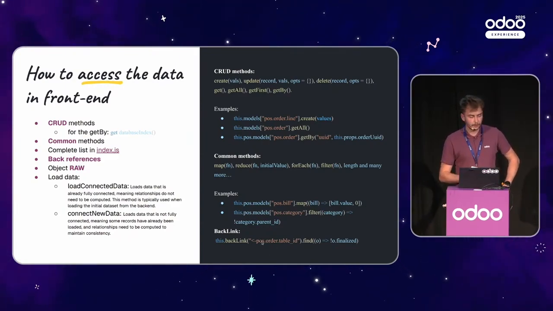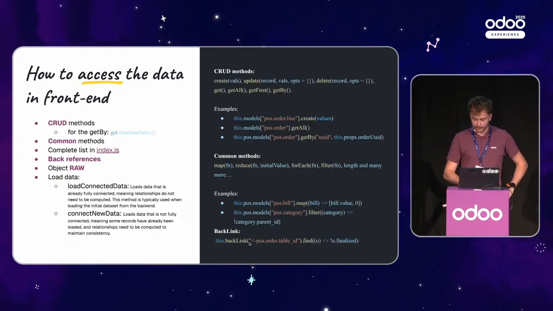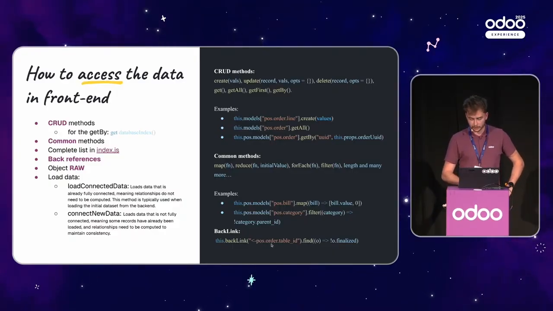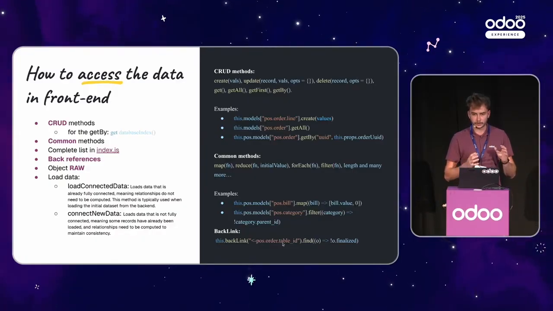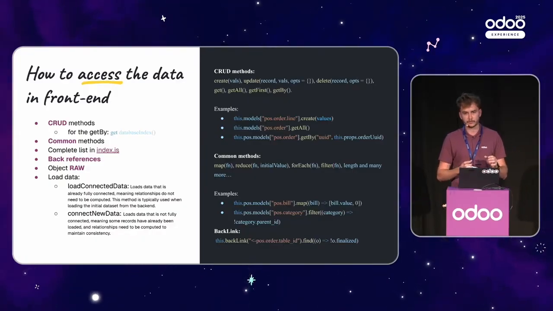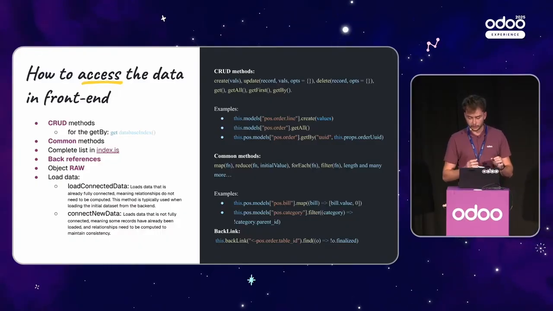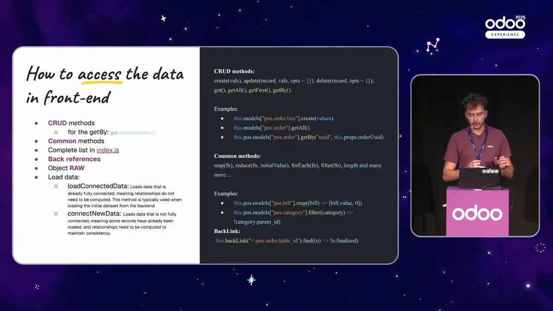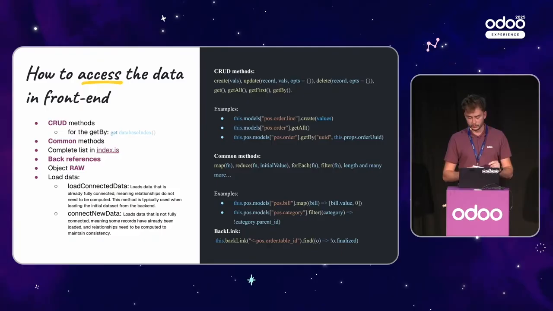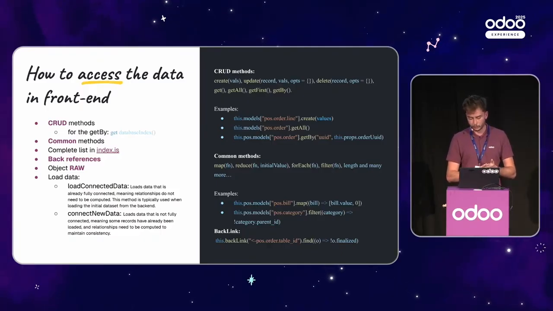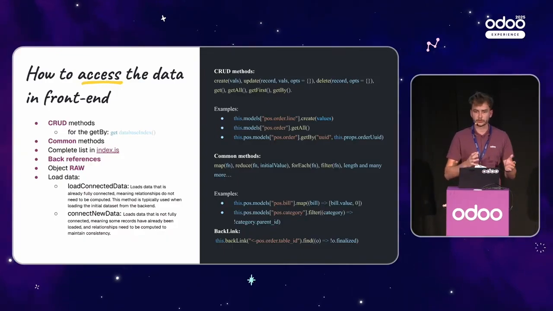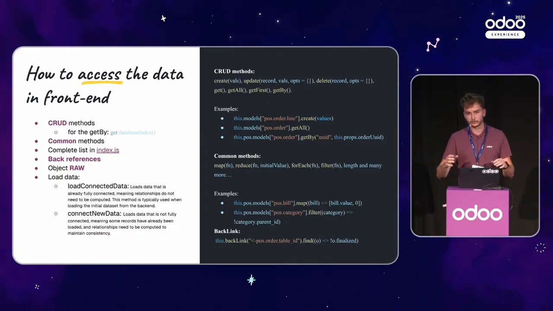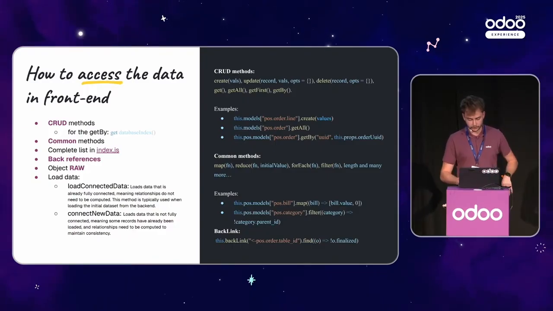In the example here, the tables don't have the order, but we want to see which orders there are on a table. So calling backlink prevents us from searching on all the orders for the table. We can just look for the table and find all the orders.